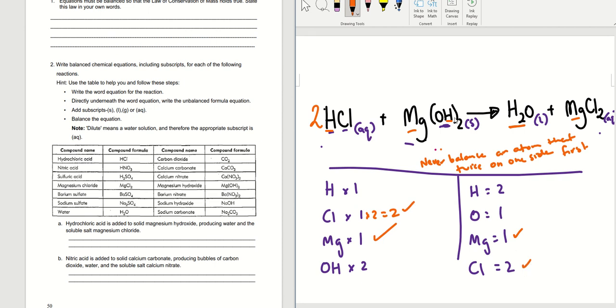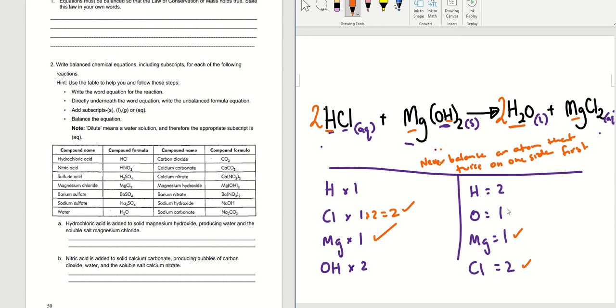Now, we have 2 oxygens here. Okay. So, let's balance the oxygens first because it only appears once here. Okay, so if I have 2 on this side, I'm going to give myself 2 on this side as well. So I have 2 here.